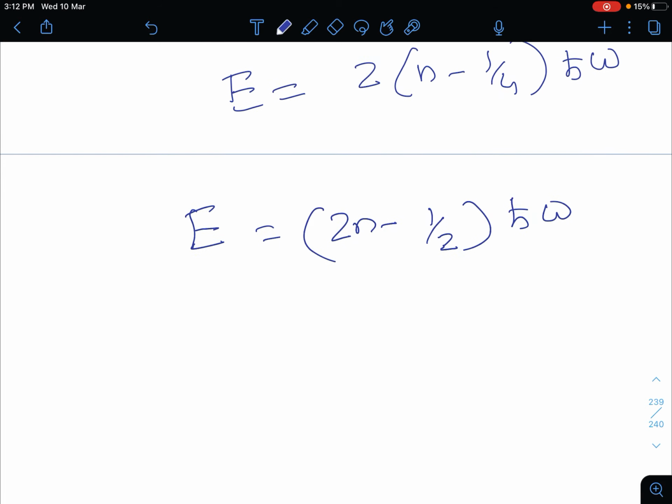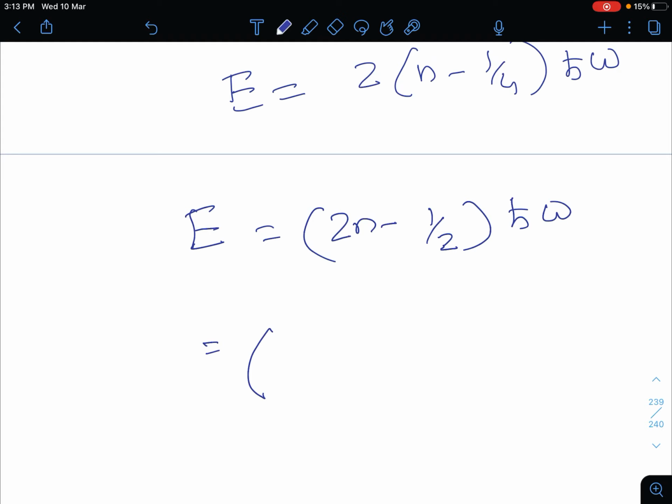So this is the exact allowed energy for a half oscillator. If I put n equal to 1, 2, 3 in 2n minus half h cross omega, you will have 3 by 2 h cross omega, 7 by 2 h cross omega, and so on. Good.